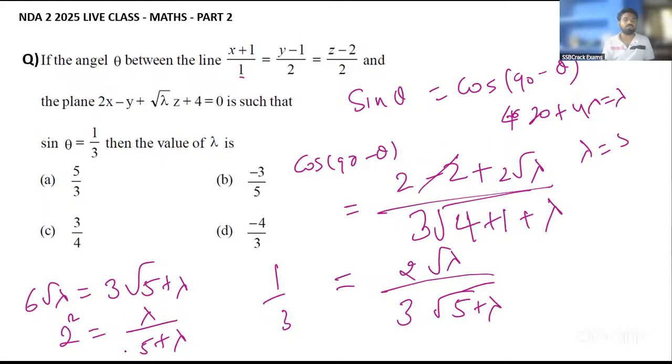It is 3 times root 5 only, not with this. 3 times root 5 plus lambda. Okay, then you can see there was a calculation mistake over here. Then you will find that lambda is 5.